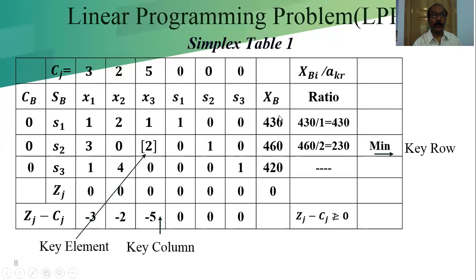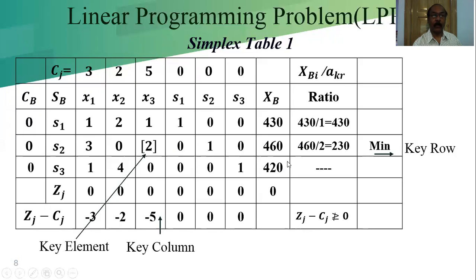The corresponding element of 430 in the key column is 1. The corresponding element of 430 in the key row is 460. So 1 into 460 divided by 2 should be subtracted from the 430. So 430 minus 230 equal to 200. So this value will be 200.